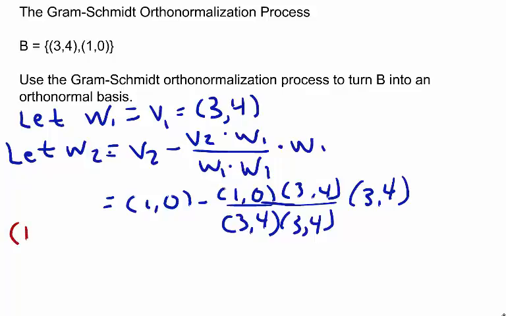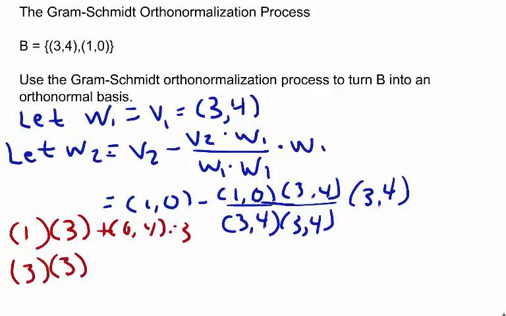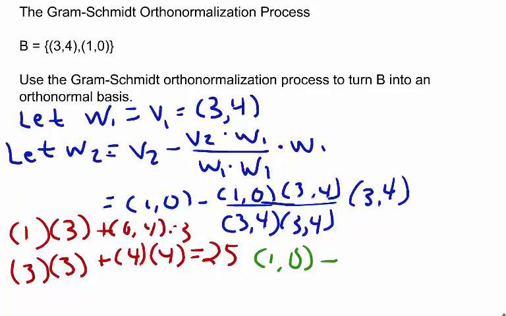Looking at the numerator, our dot product is equal to 3, and looking at the denominator, our denominator is 25. So now we have 1, 0 minus 3 over 25 times vector 3, 4.